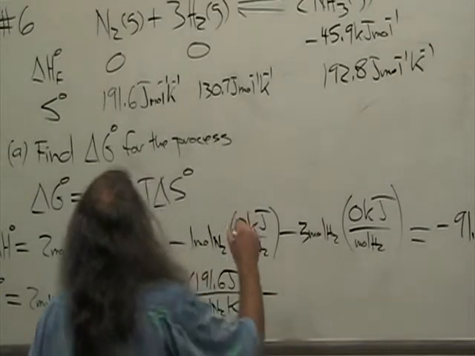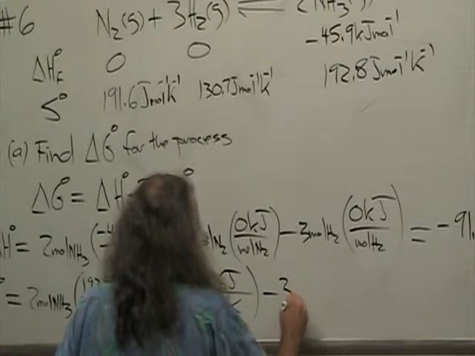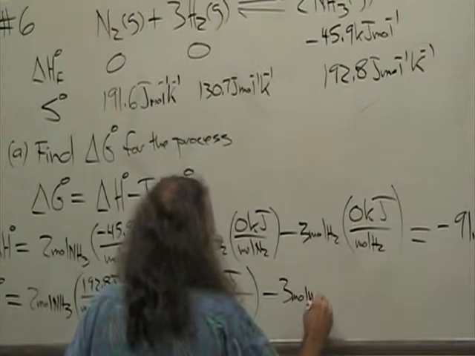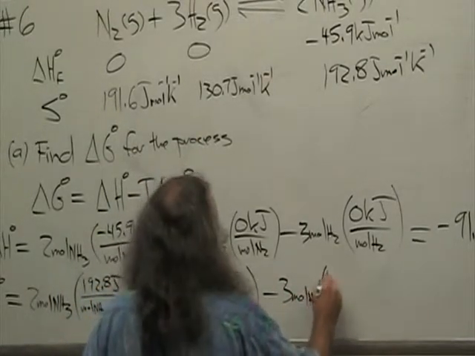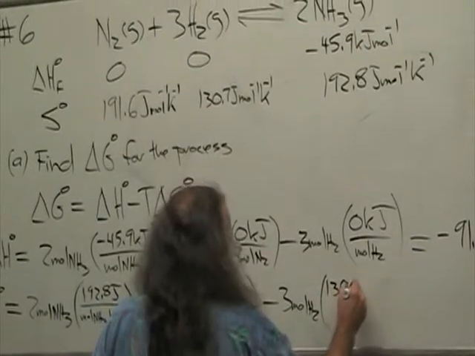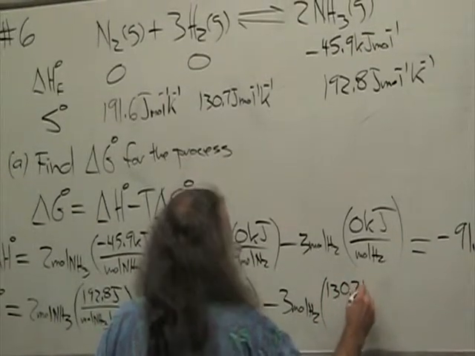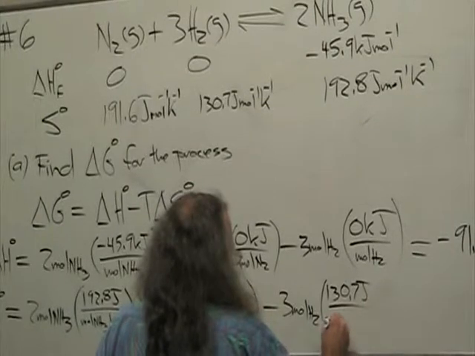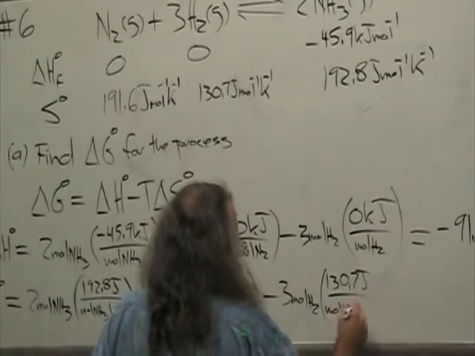Minus 3 moles of hydrogen times 130.7 joules per mole hydrogen. Okay.